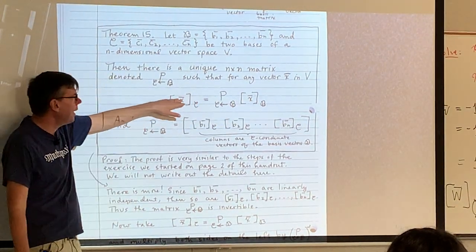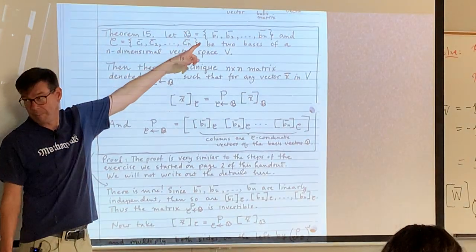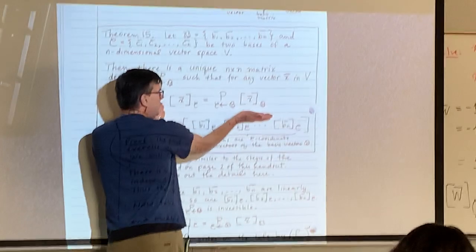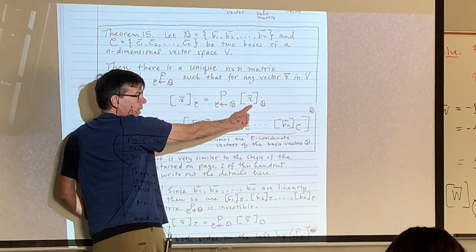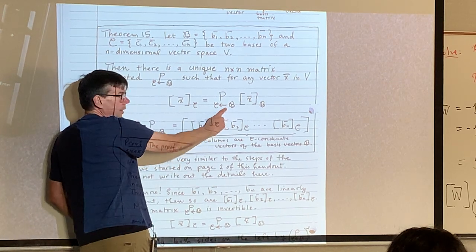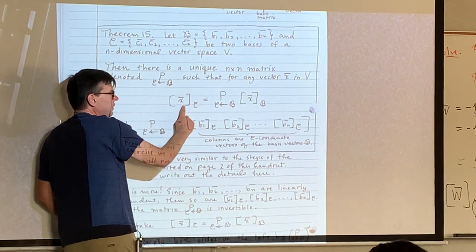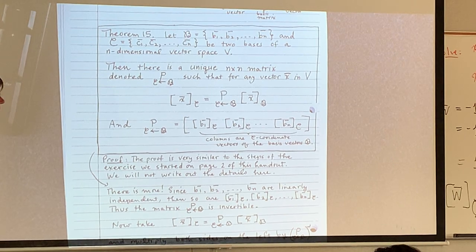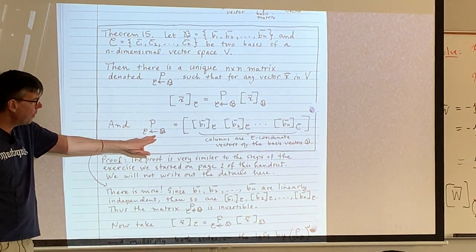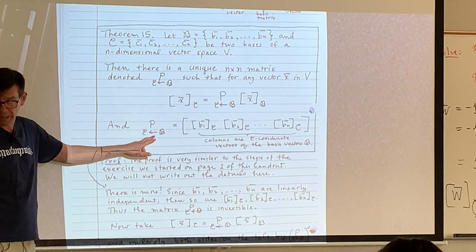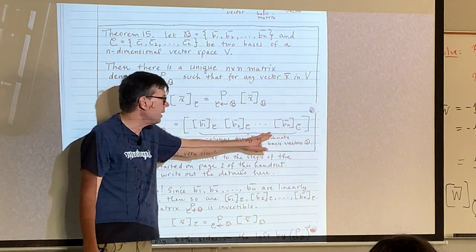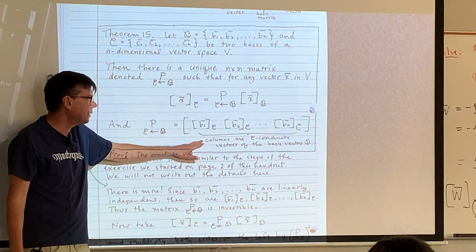This is just recopying what I had up higher on the handout. And this is a key equation for you to understand here. The B coordinates times this change of coordinate matrix gives us the C coordinates of a vector. And to me, the tricky part is to remember that this matrix is the B basis vectors expressed in C coordinates.